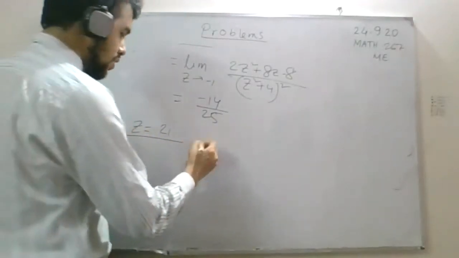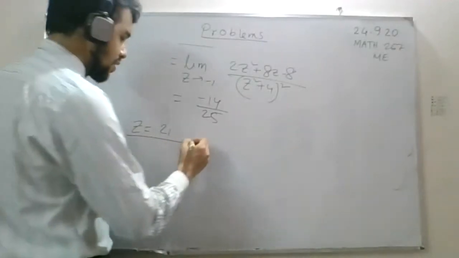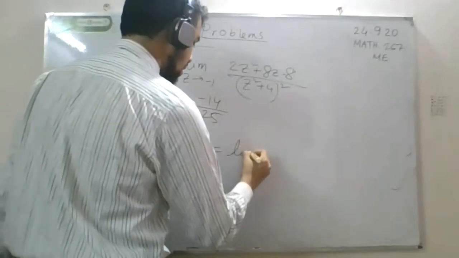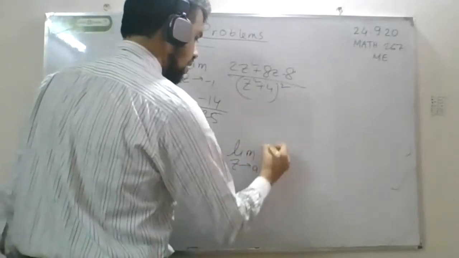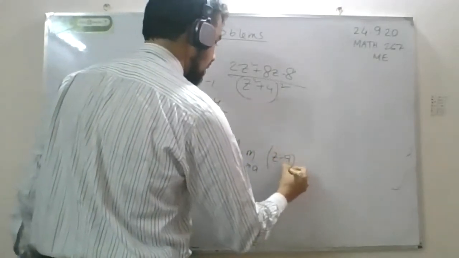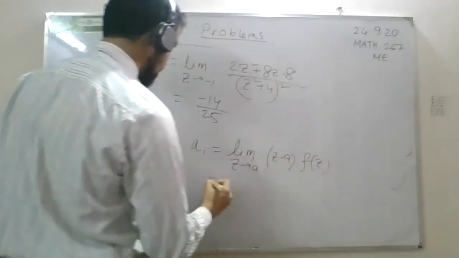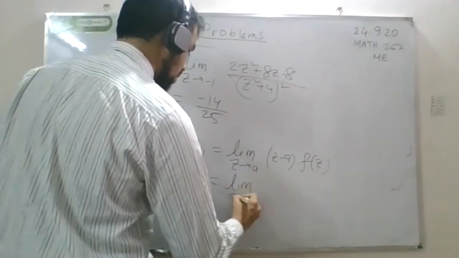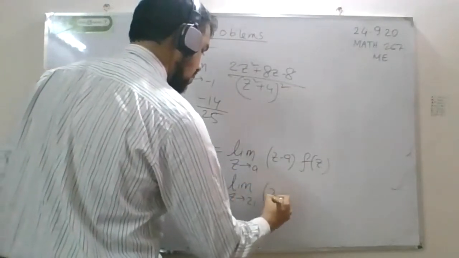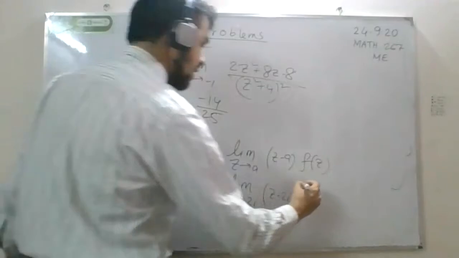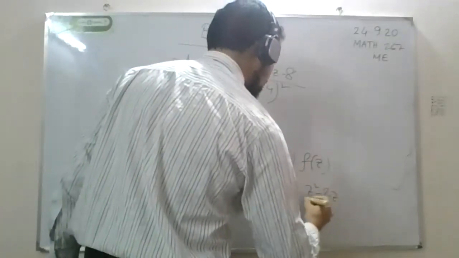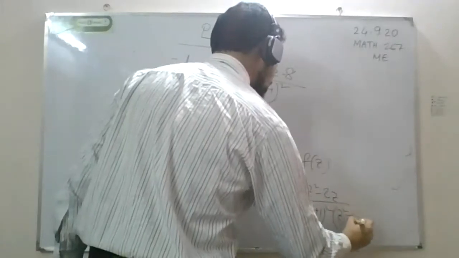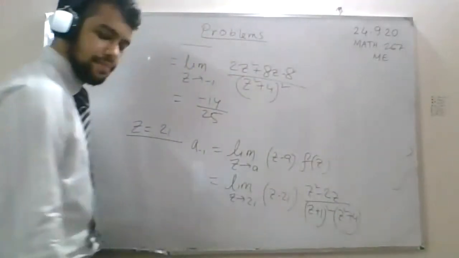So at first take z equals 2i, then you can write the residue equals limit z tends to a of z minus a into f(z). Here a equals 2i, and z minus 2i, and f(z) here is z square minus 2z over z plus 1 whole square into z square plus 4. So this is our expression.